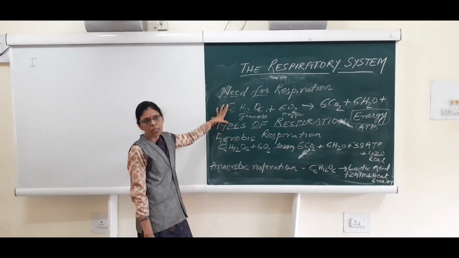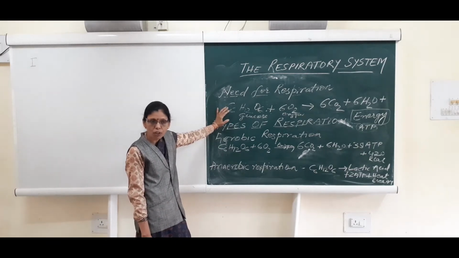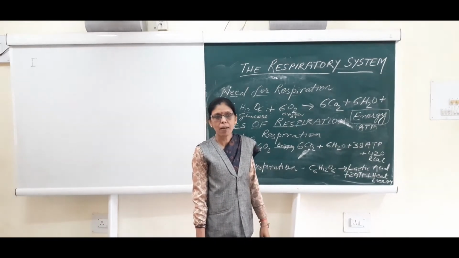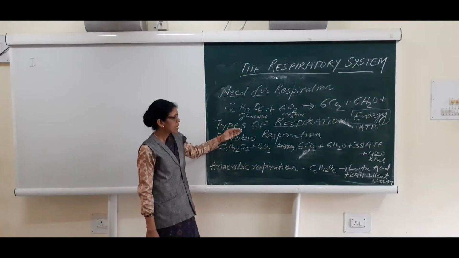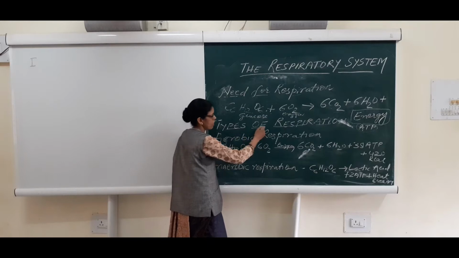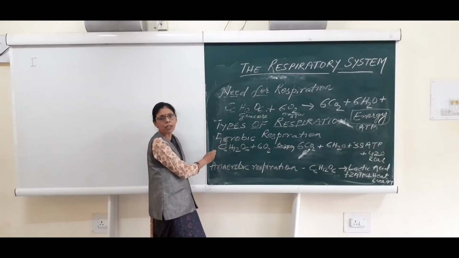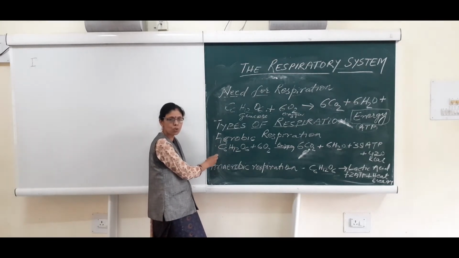Now the question is, is it necessary that respiration should always take place in presence of oxygen? There are certain cases where there is absence of oxygen. So respiration is categorized into two types: number one, aerobic respiration, and number two, anaerobic respiration. What is the difference between the two?